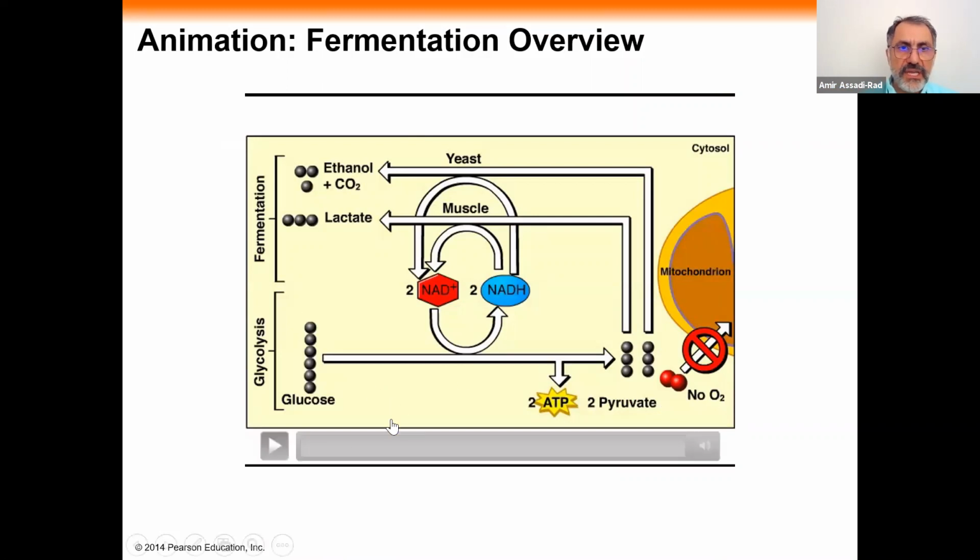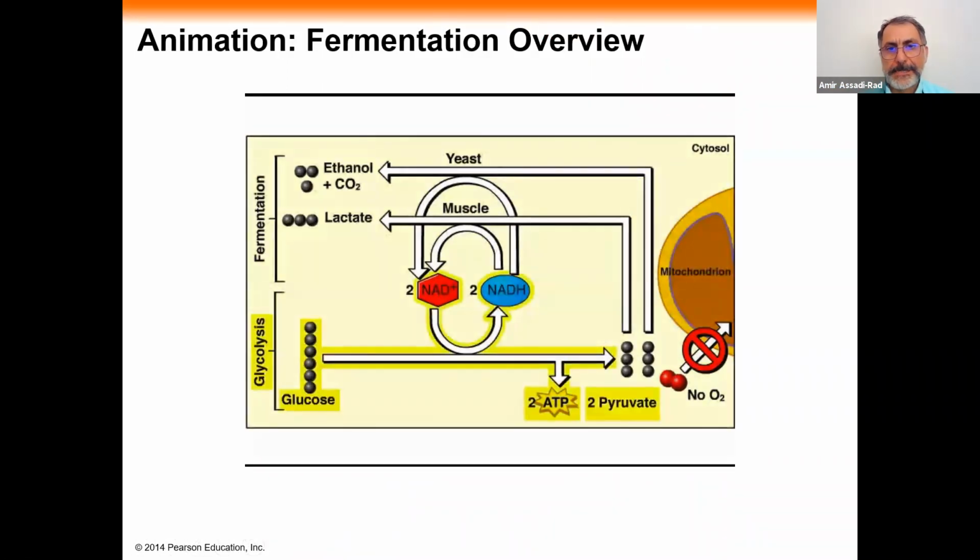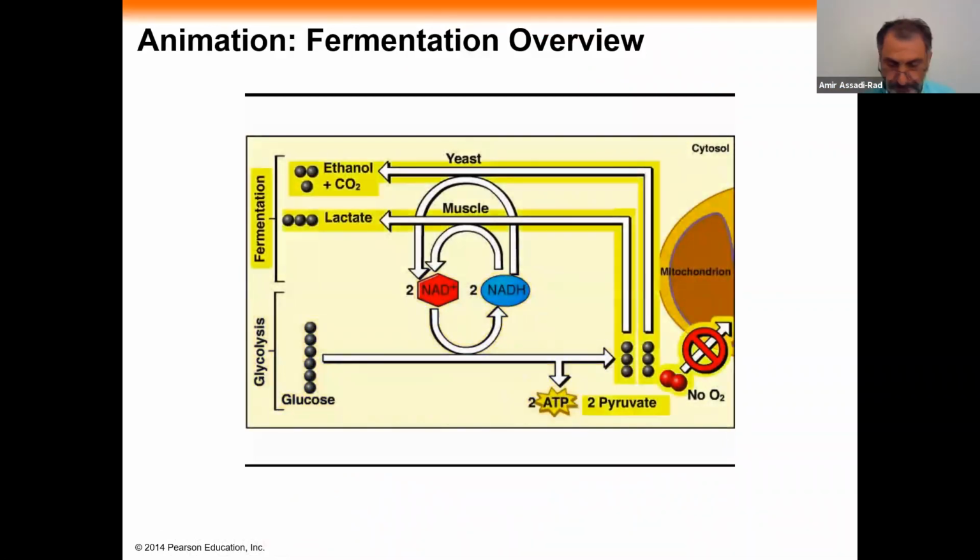An animation, let's see what it is. All cells are able to synthesize ATP via the process of glycolysis. In many cells, if oxygen is not present, pyruvate is metabolized in a process called fermentation. By oxidizing the NADH produced in glycolysis, fermentation regenerates NAD+, which can take part in glycolysis once again to produce more ATP.